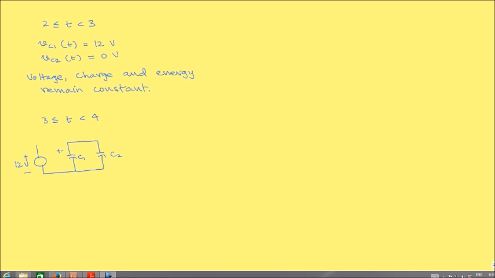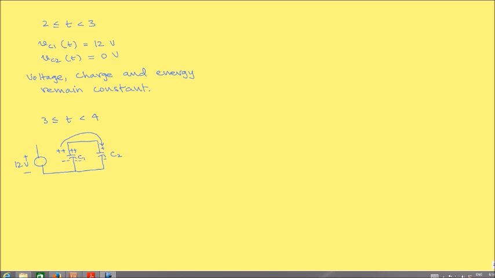And since C1 was positively charged on the top plate, negatively charged on the bottom plate, there will be charge sharing between the two capacitors, so that some of the positive charge will move from the top plate of C1 to the top plate of C2, and similarly a negative charge will move from the bottom plate of C1 to the bottom plate of C2.